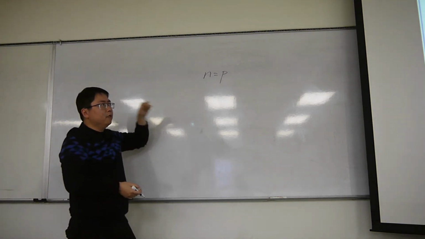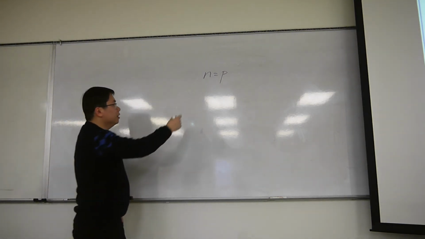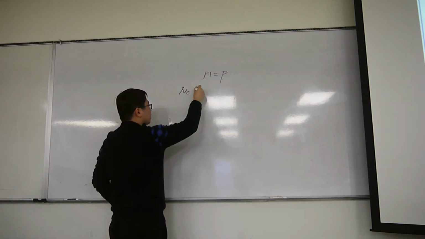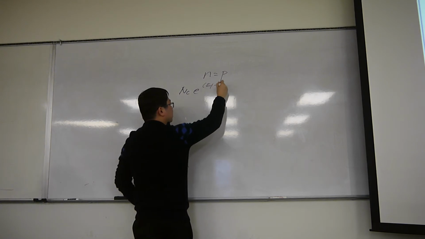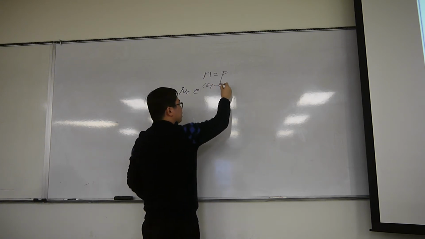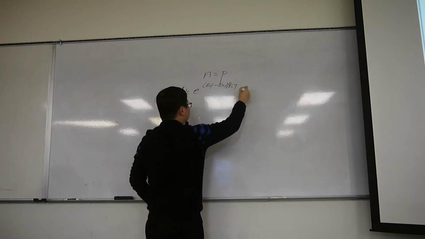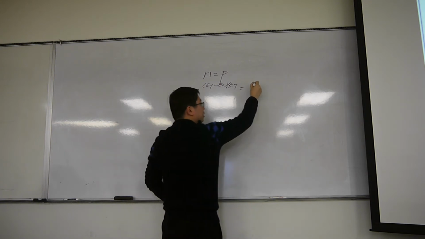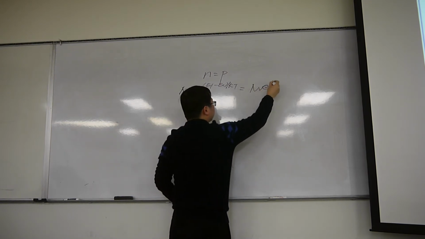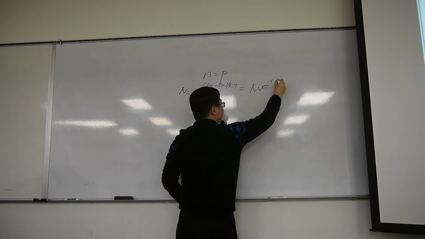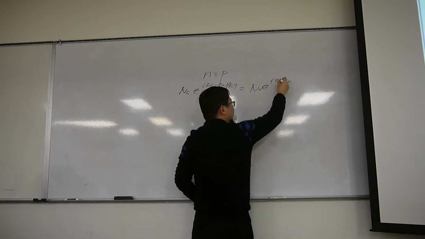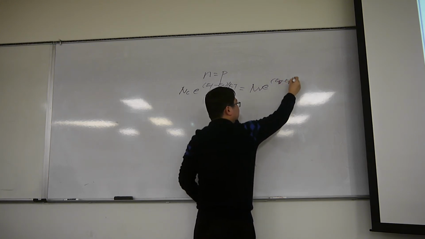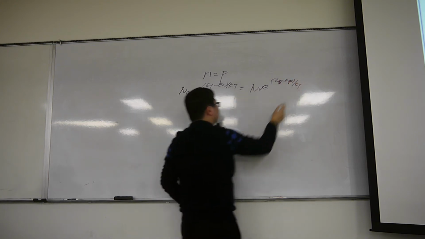So if N equals P, then you get NC exponential of EF minus EC over KT equals NV exponential of EV minus EF over KT.